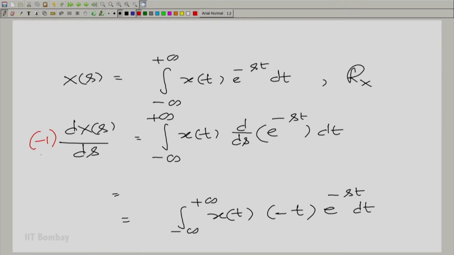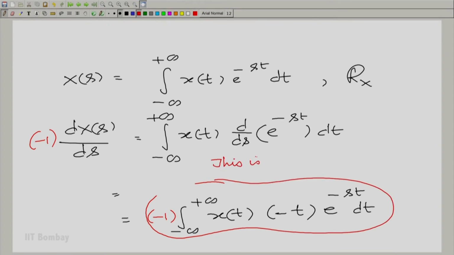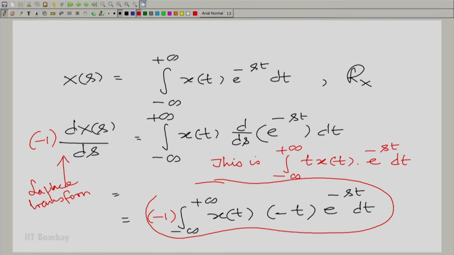Let me multiply both sides by minus 1. And what do I have here? I have, this is essentially the Laplace transform of t times x of t, as you can see. So, now if you compare, this is the Laplace transform of t times x of t.